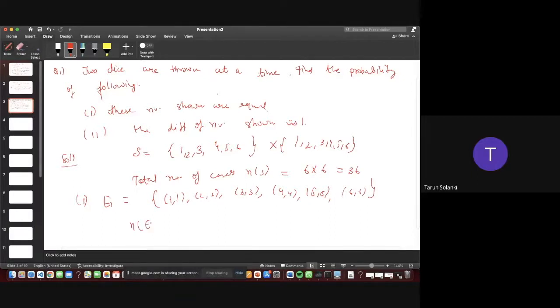So n of E1 is 6. The probability of E1 is n of E1 by n of S, that is 6 by 36, which is 1 by 6. So this is our first part. Now let's move to the next part.